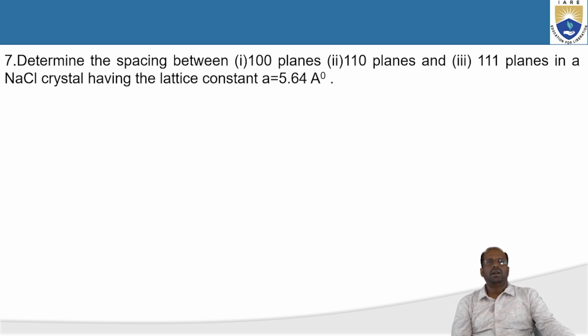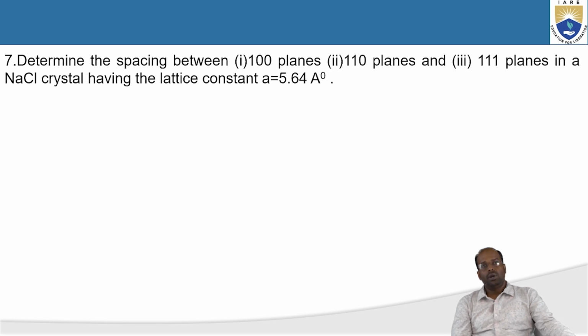Next problem. Determine the spacing between 100 planes, 110 planes and 111 planes in a sodium chloride crystal having the lattice constant. They are asking to calculate the interplanar spacing of the 100, 110 and 111 planes.